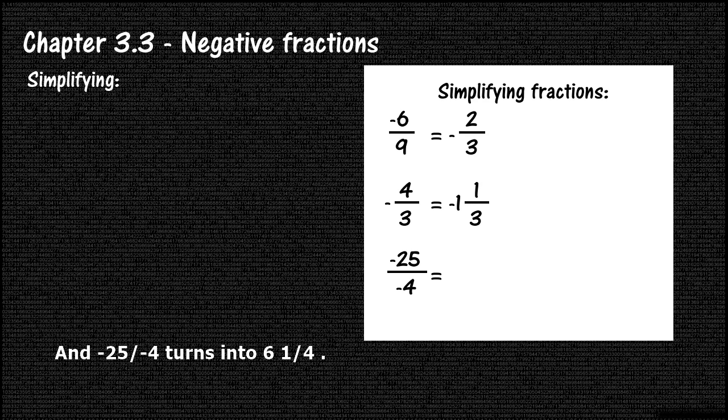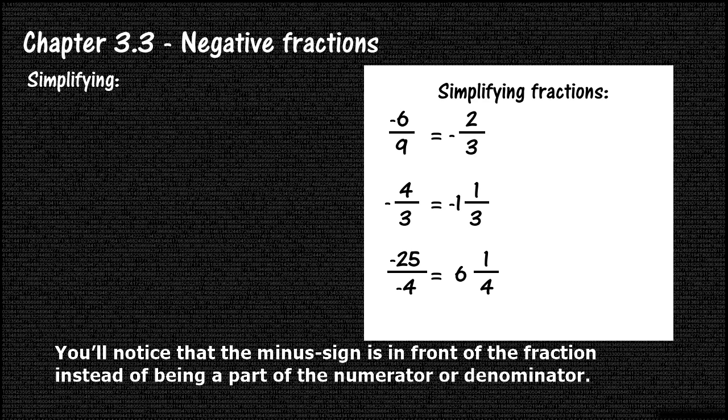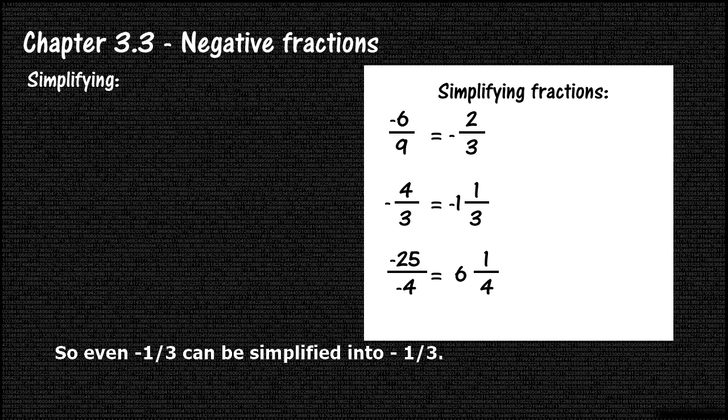And minus 25 over minus 4 turns into 6 1/4. You'll notice that the minus sign is in front of the fraction instead of being part of the numerator or the denominator. So even minus 1 1/3 can be simplified into minus 1 1/3.